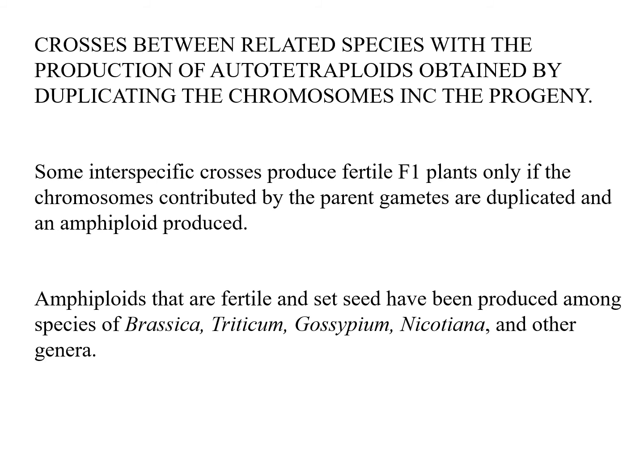So what we usually do is cross the diploid species, and the F1 plants are subjected to colchicine, and we double the chromosomes of these plants and we produce an F1 tetraploid that can survive.